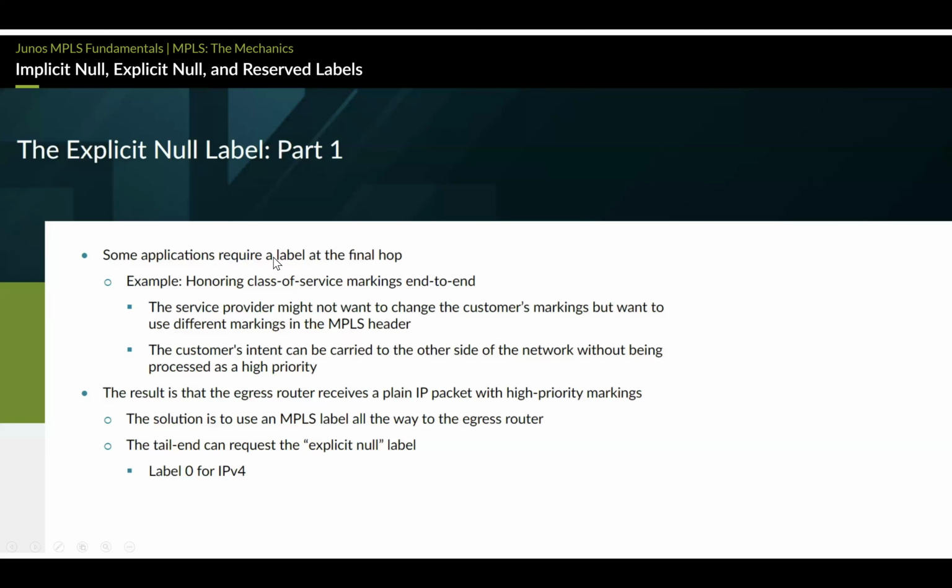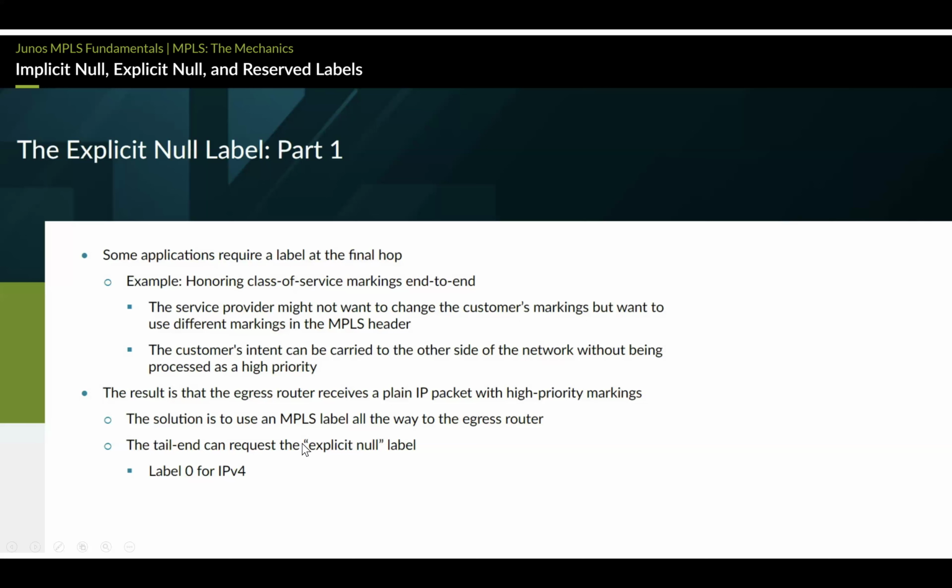That is part one. Some applications require a label at the final hop, such as class of service marking end to end. A service provider might not want to change the customer markings, but wants to use different markings in the MPLS setup. The customer intent can be carried to the other side of the network without being processed as high priority. The result is that the egress router receives a plain IP packet with high priority markings. The solution is to use the MPLS label all the way to the egress router.